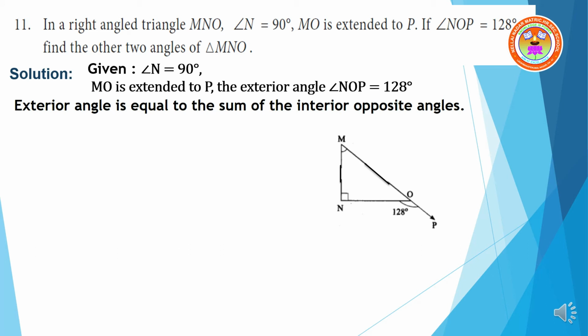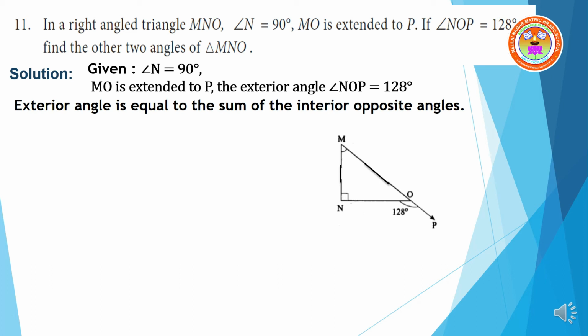Here, since exterior angle is involved, we are going to use the property exterior angle is equal to the sum of the interior opposite angles. So using this property, we are going to find the value. So here exterior angle is NOP.